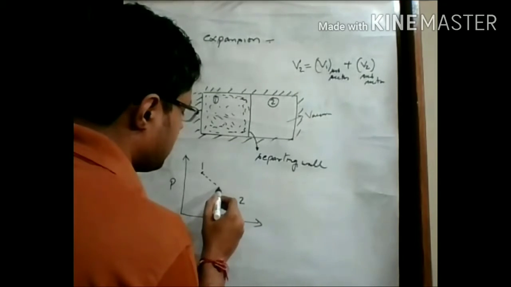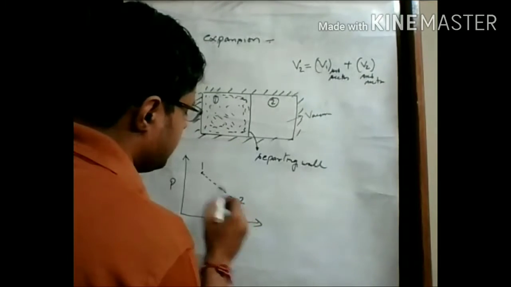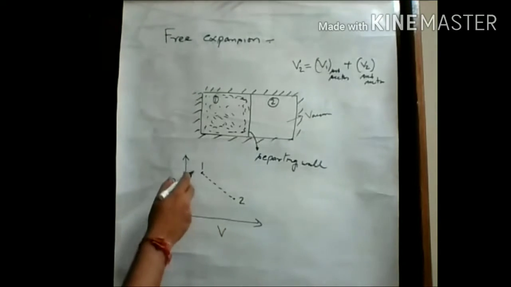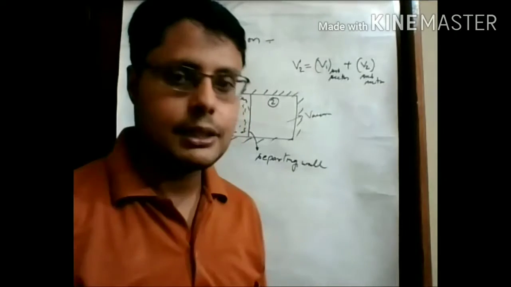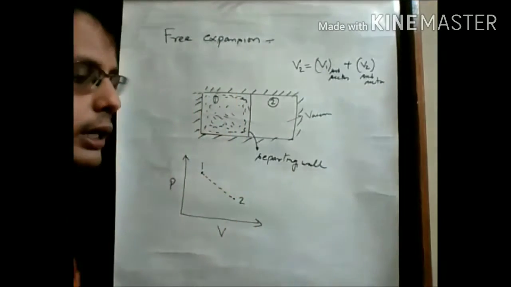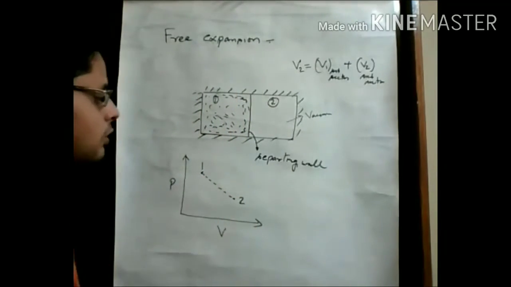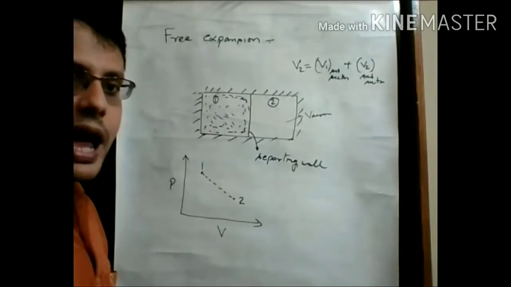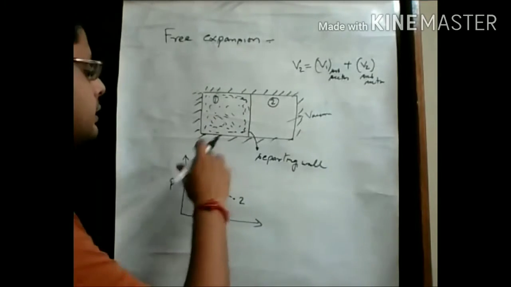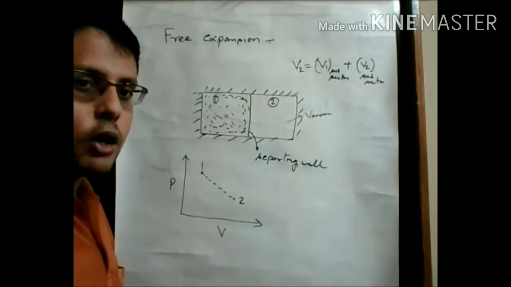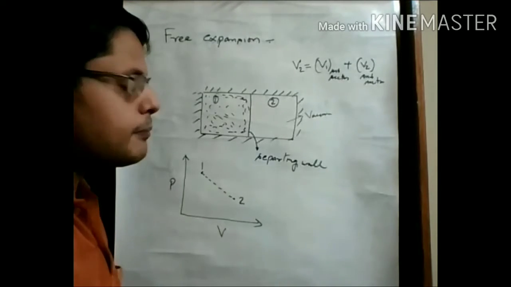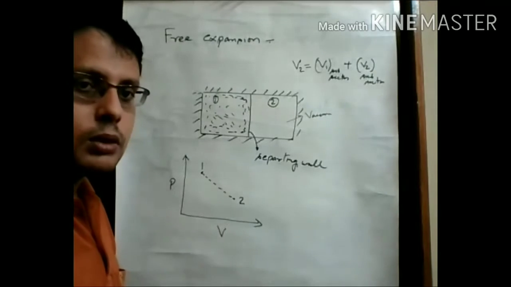We draw this dotted line path because we cannot define the actual path between these two states, because this process is happening in a very fast manner.